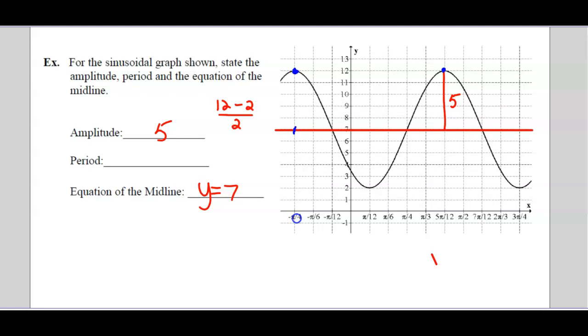Or you could look from the midline to where it starts again there, and subtract those. If you have enough grid paper, start where it's at 0. Where does that point repeat? It repeats over here. So you know right away it is 2 pi over 3 for a complete cycle.